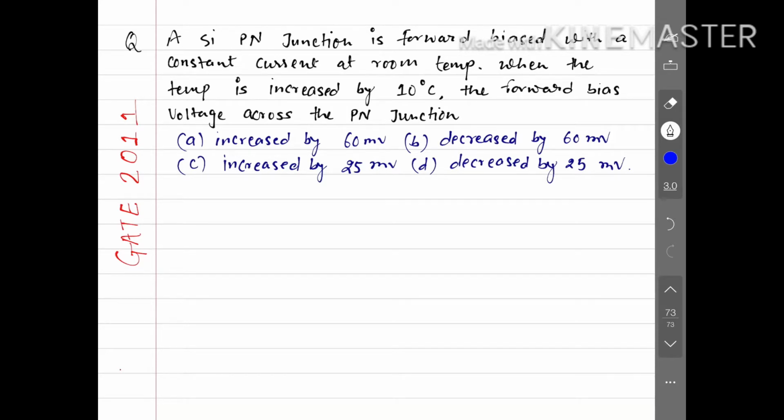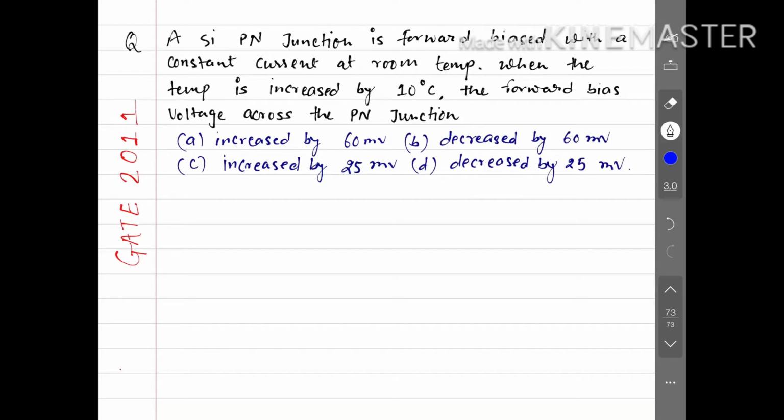When the temperature is increased by 10 degree Celsius, the forward bias voltage across the PN junction, and the options are A increased by 60 millivolt, B decreased by 60 millivolt, C increased by 25 millivolt, and D decreased by 25 millivolt.